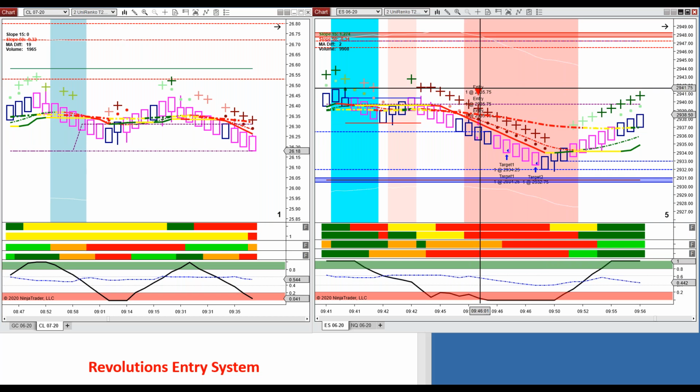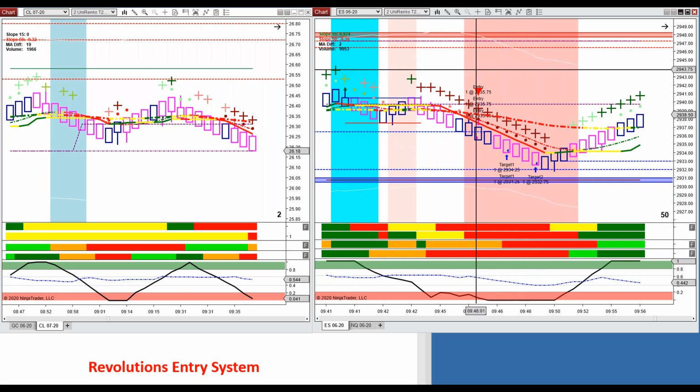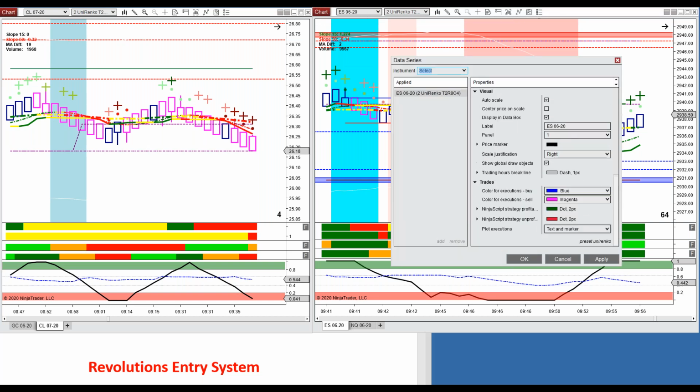So all you have to do is show your text and markers. And you can see, I saw the rev, I took the candle, and down we go. Very, very nice signal. It made me nice money on my first trade this morning. And I always like to start off trading with a winner.